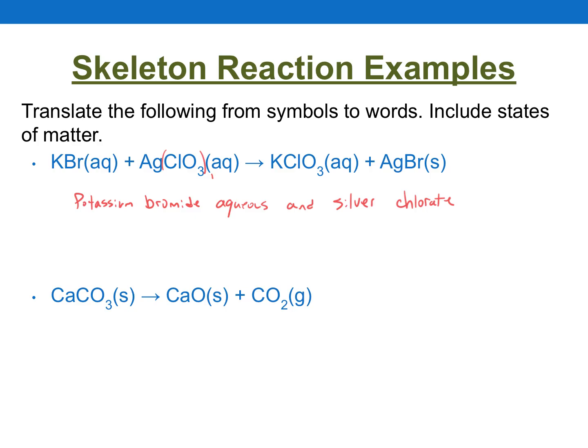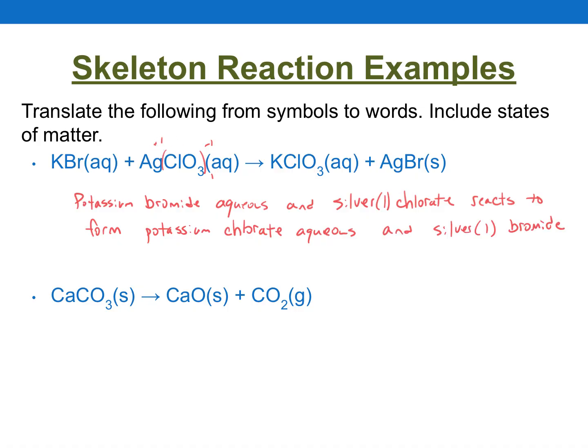Well, chlorate is a -1 charge ion, and there's one of them, so that must mean that this silver is a +1 charge ion. So now I know that it's silver(I) chlorate as the name, and that is also aqueous. Reacts to form potassium chlorate, aqueous, and silver(I) bromide, solid. And that's my sentence.